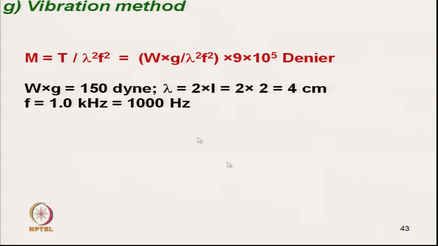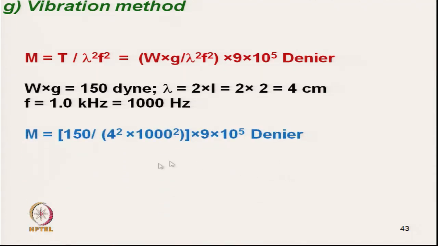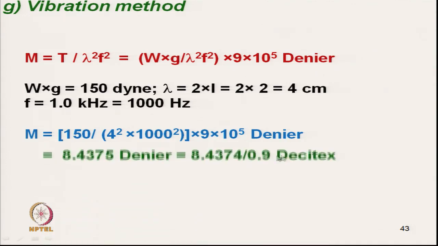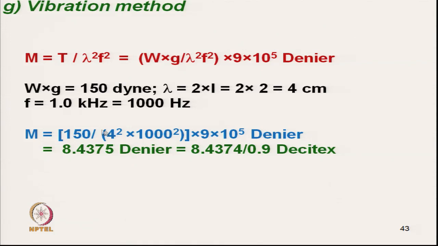We can simply replace these values: 150 by 4 squared, multiplied by 1000 squared, multiplied by 9 times 10 to the power 5. This value comes out to be 8.4375 denier.